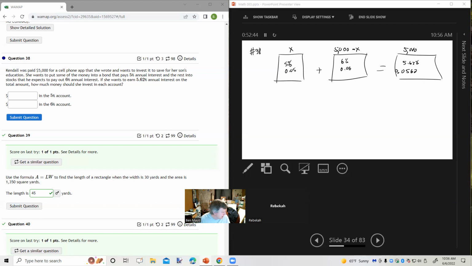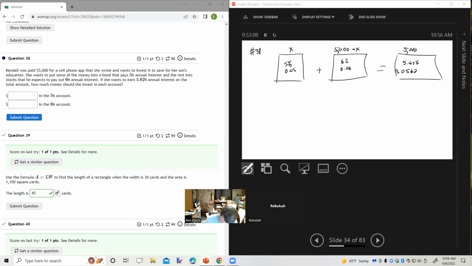You've got a total of $5,000, right? So here's $5,000. You invest part of it at 5% and the rest of it at 6%. If you call the part at 5% X, you start out with $5,000. You take away X to invest at 5%. What's left is the 5,000 minus X at 6%.